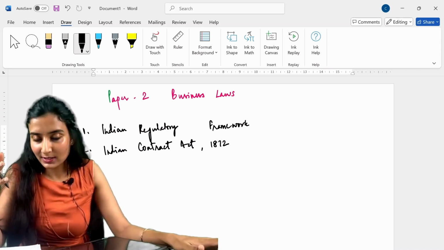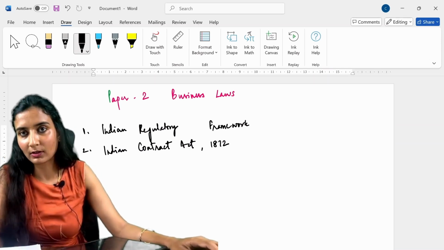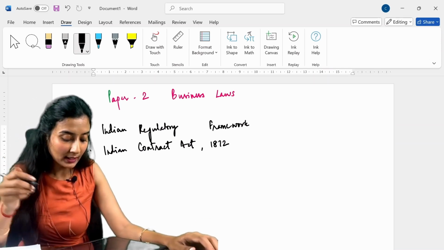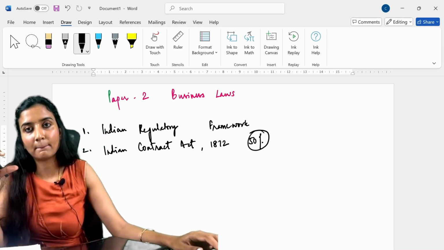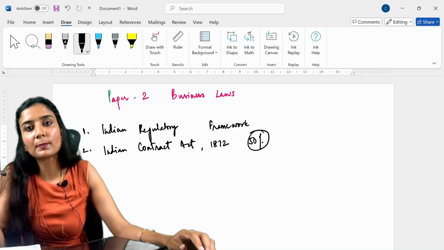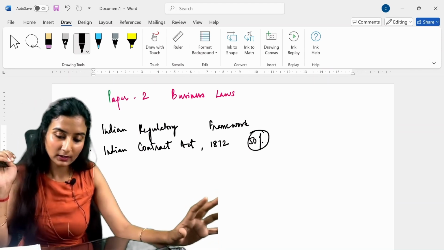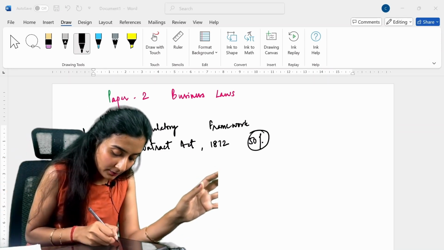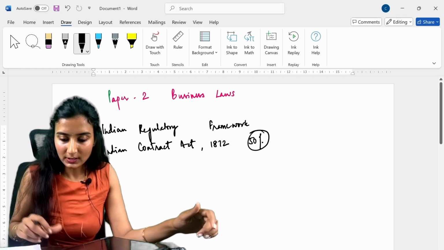So you need to understand how much importance you need to give to this particular act. Whatever study material you're going to study, also 50% of your marks in the paper are allotted to this act. It's a very important act. I think you all know about this, but still.